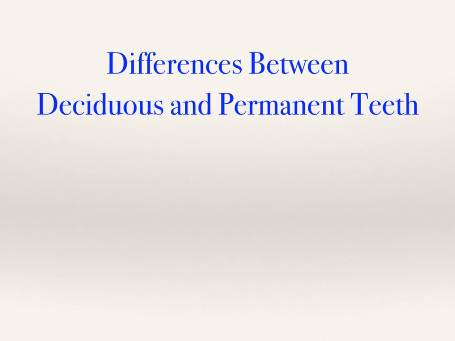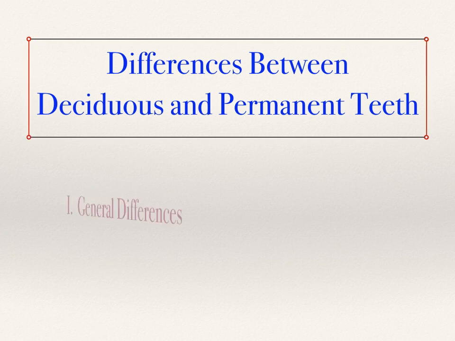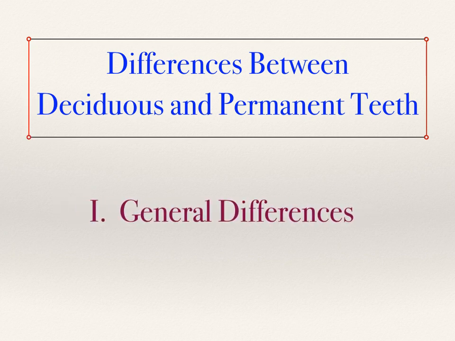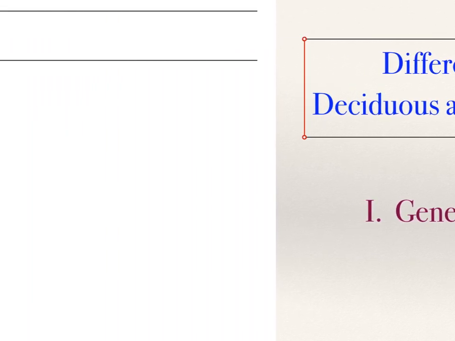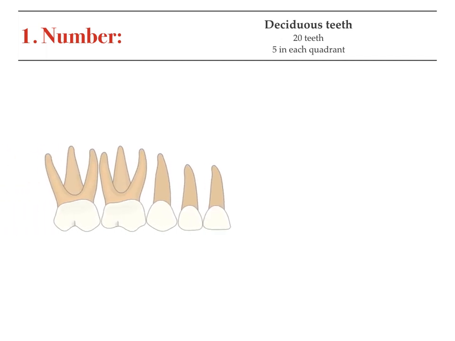Now we move to differences between deciduous and permanent teeth. Number one, general differences. Tooth number: deciduous teeth are 20 in number, 5 in each quadrant.